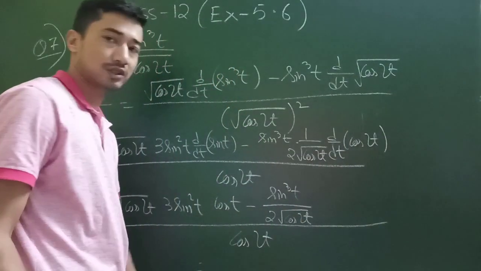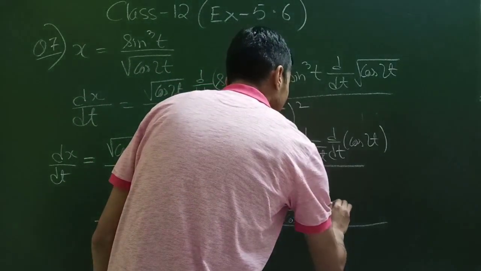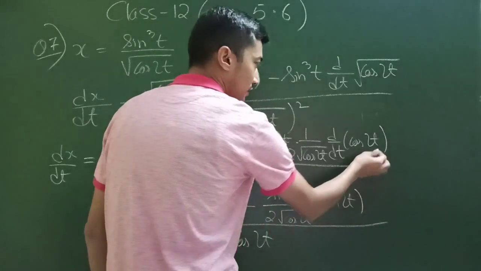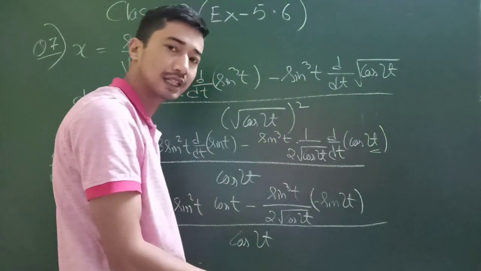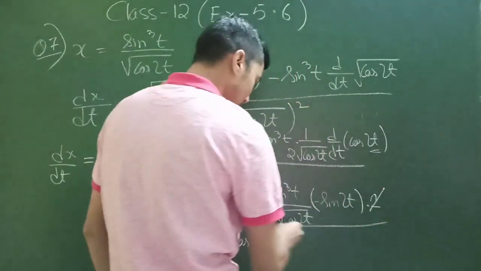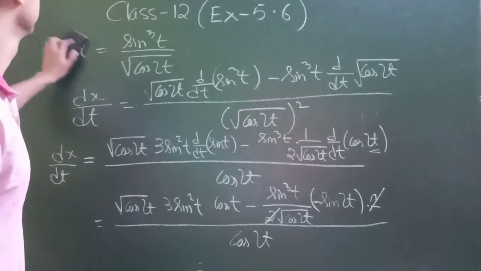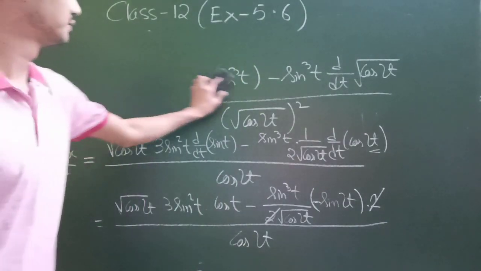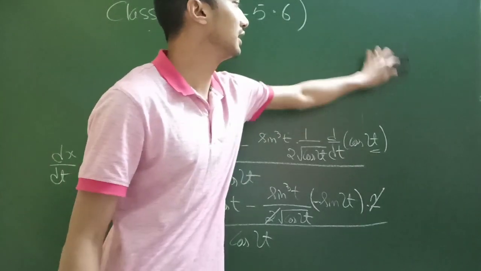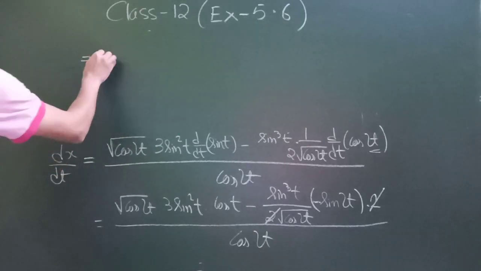Now the derivative of cos 2t, again applying the chain rule, is minus sine 2t, and the derivative of 2t will be only 2. So 2 done, because you have a negative value here. You can of course pause the video and jot down the notes also. I'll continue simultaneously.